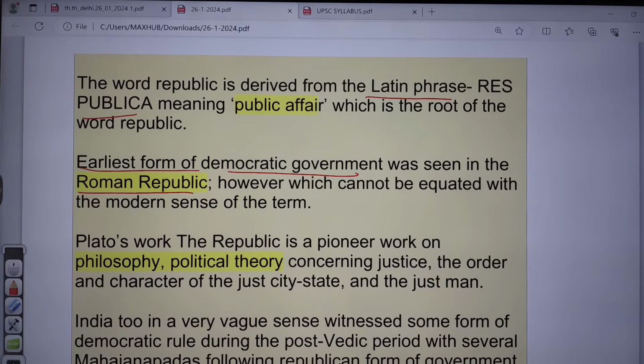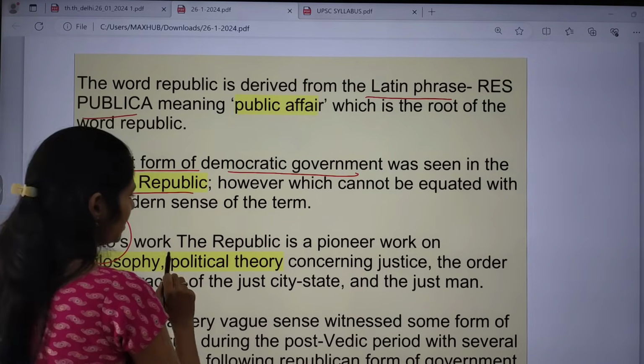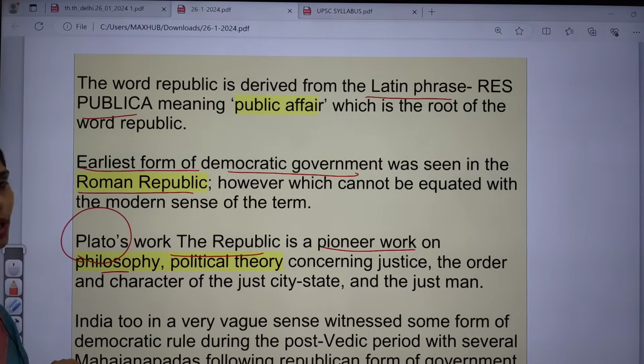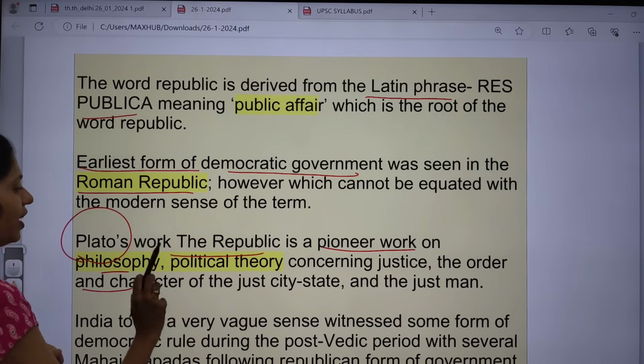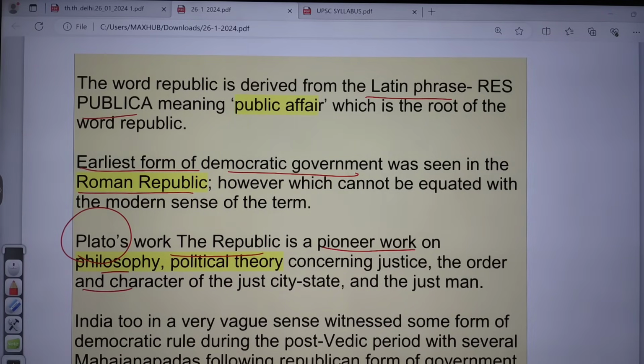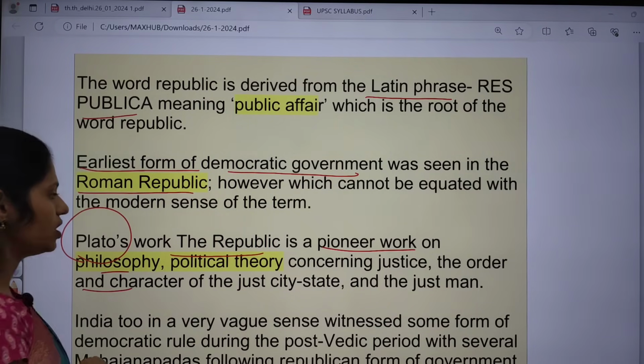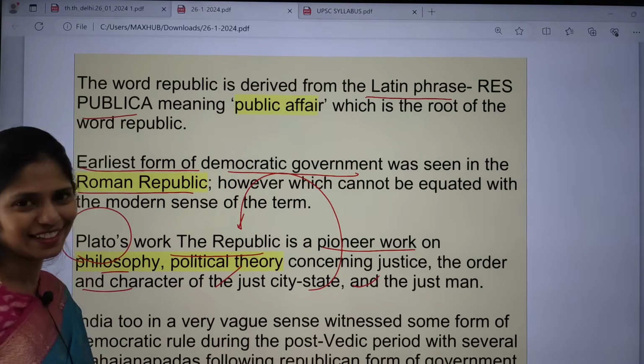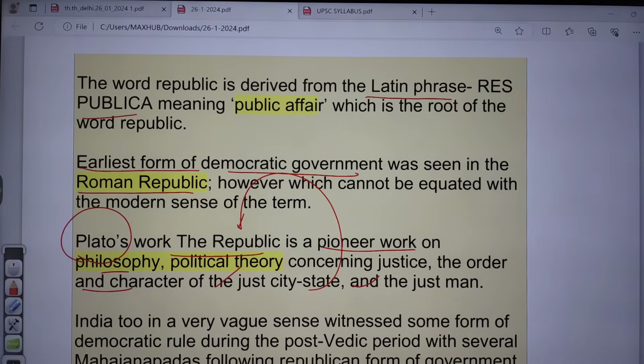Plato also came up with a work, the Republic. It is a pioneering work on philosophy and political theory, concerning justice, law and order, the just city-state, the just man. All these concepts are present in the Republic, and you will see these concepts in your ethics, that too in the Thinkers chapter.